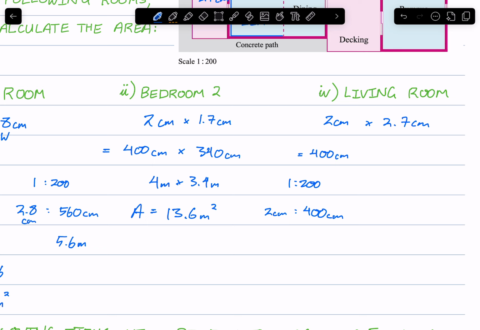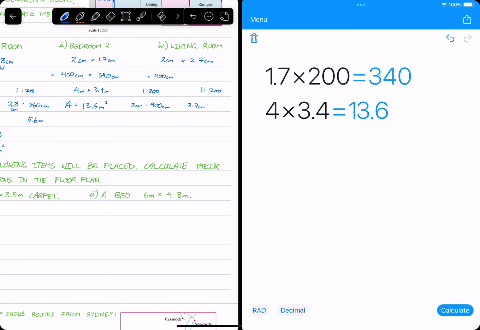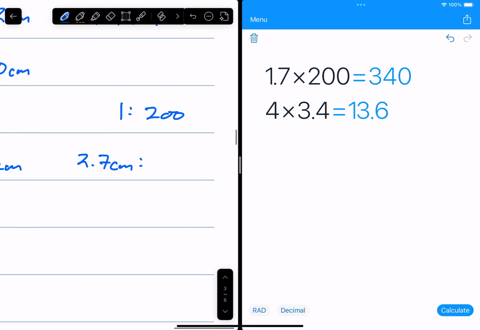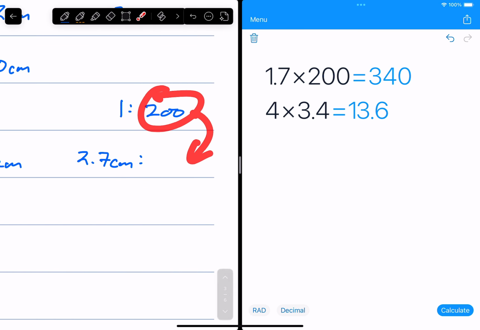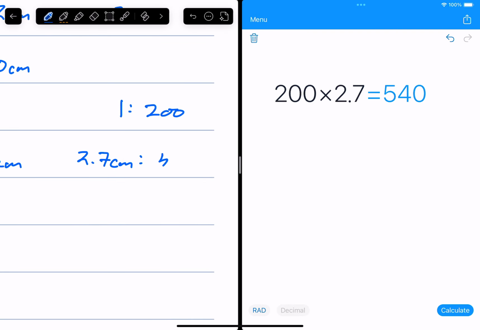Likewise with this, our scale was 1 is to 200, and it has now become 2.7 centimeters. So we are multiplying 200 by 2.7. That gets us 540 centimeters.